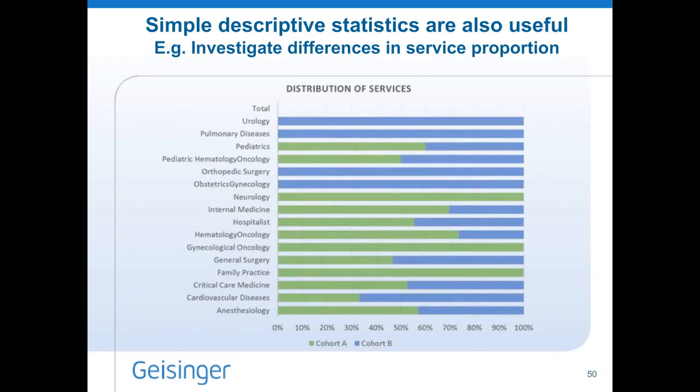If you look at these buckets like family practice, let's say, where there's none of those in cohort B, and that accounts for 75% of your patients, you would have a problem. But if you have an equal distribution of green and blue in your two cohorts among the services, and if you know that your critical care services account for, in our case, something like 80%, and they're a direct match, down 3 from the bottom, well, then you know that, okay, this data set's coming along.